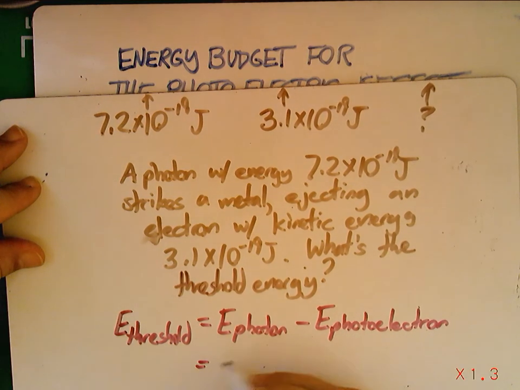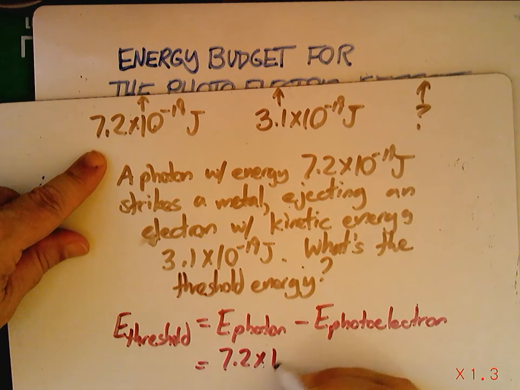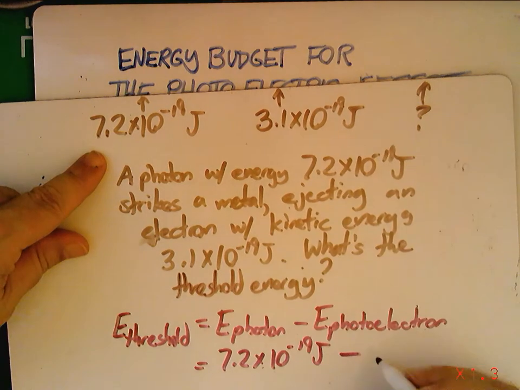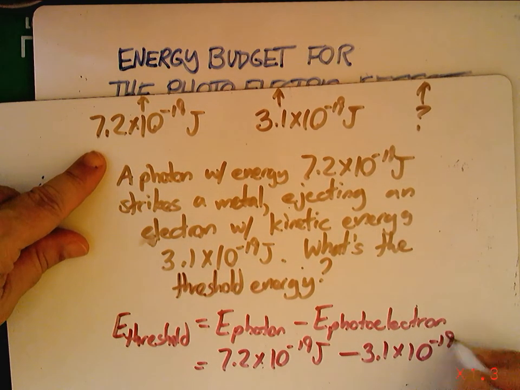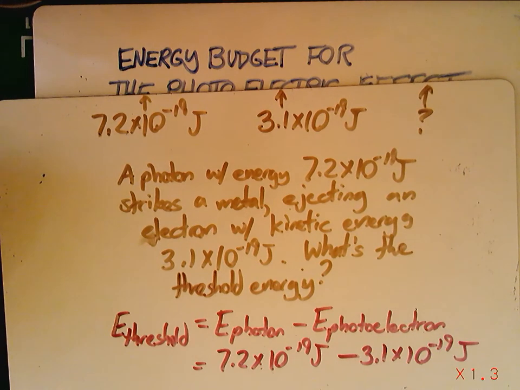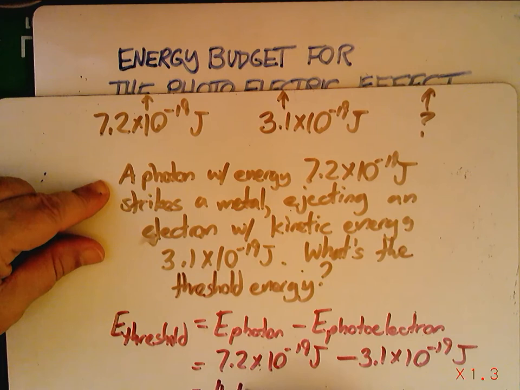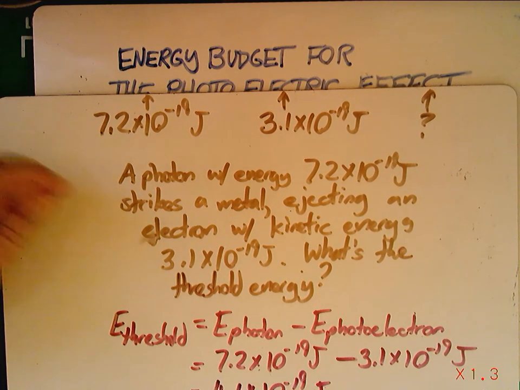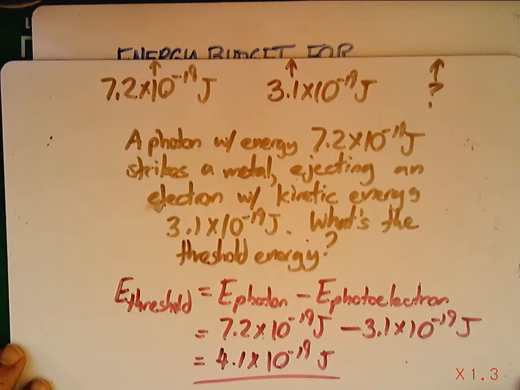And I know these two numbers: 7.2 times 10 to the minus 19 joules minus 3.1 times 10 to the minus 19 joules. So what's that going to be? 4.1 times 10 to the minus 19 joules. That's how you do the problem that is right below this.